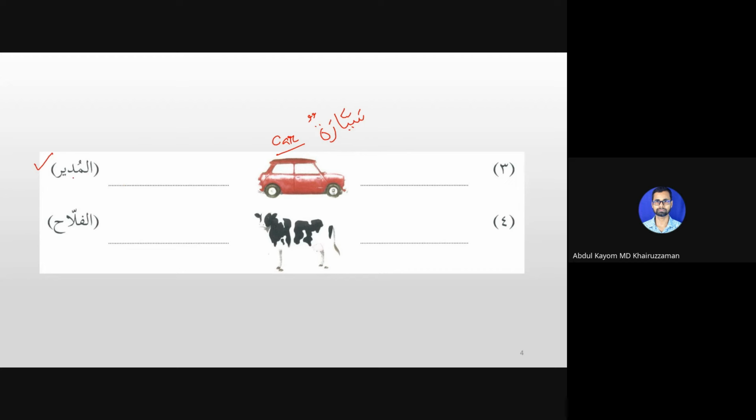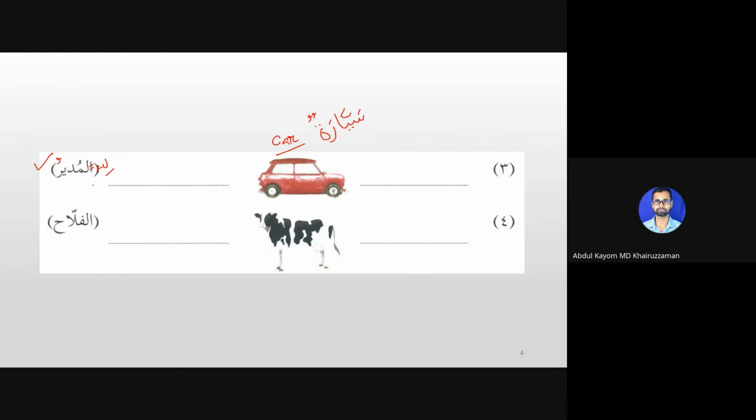So how to answer it? This car belongs to the principal, suppose. How to say that? هذه السيارة للمدير. Lil mudiri. Another thing: we have al mudiru, right? If you add li to it, this alif goes away.